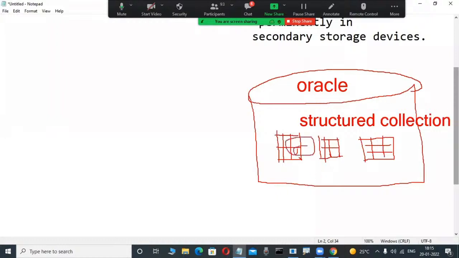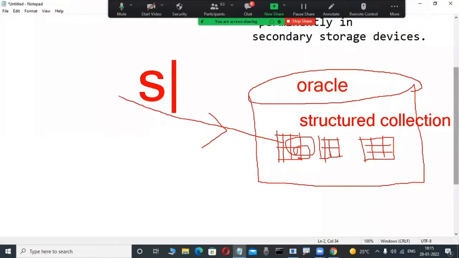Once we have structured data, to operate on this data we require a language. What is that language? Maybe anybody has an idea? SQL, structured query language. Through this language only, we operate on this structured data in relational databases.